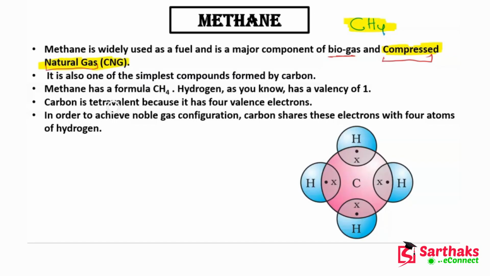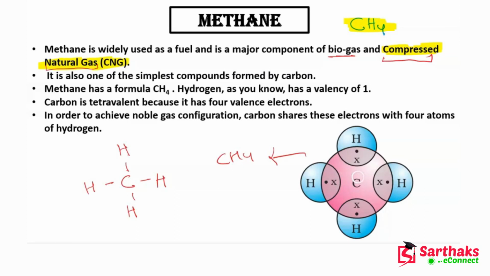And carbon is tetravalent because it has 4 valence electrons. So in order to achieve the noble gas configuration, carbon shares these electrons with 4 atoms of hydrogen. So guys, this is basically the electron dot structure of CH4. Here carbon is sharing its 4 electrons, 1 with each of 4 hydrogen atoms, like this.